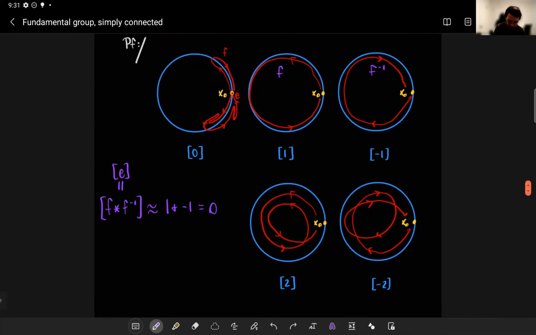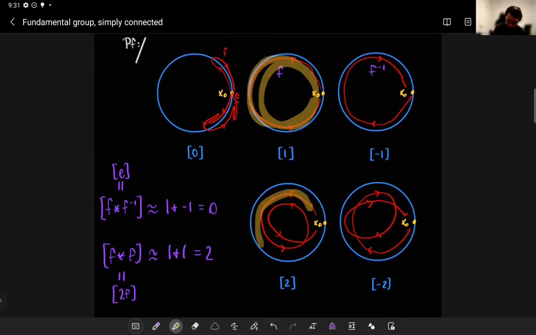And what if I did F concatenate F? That's sort of like saying 1 plus 1 is 2, right? Because this was actually like the equivalence class of, maybe call it 2F. If you loop around twice, that's the equivalence class of 2.